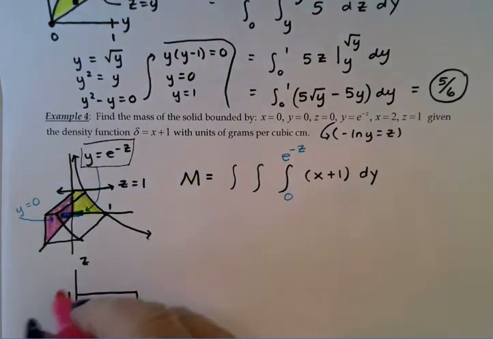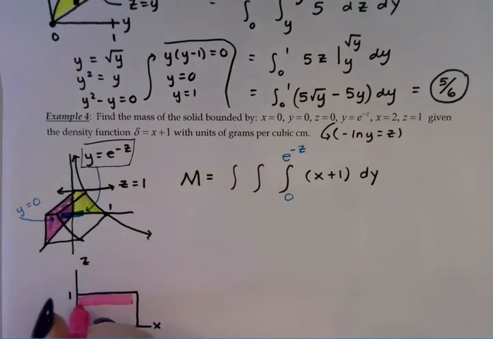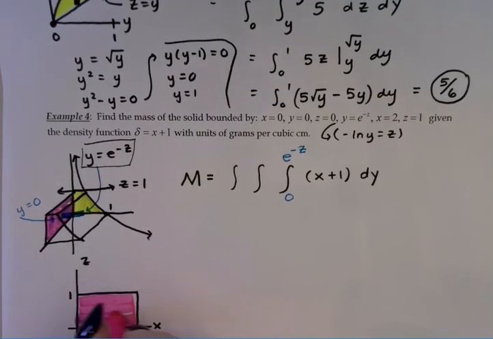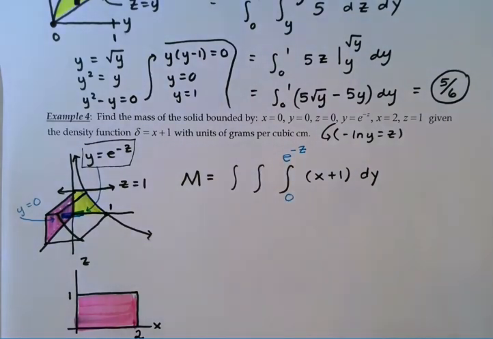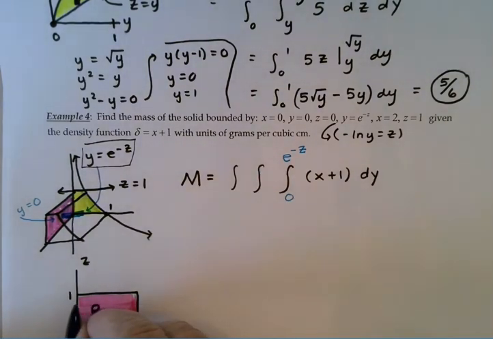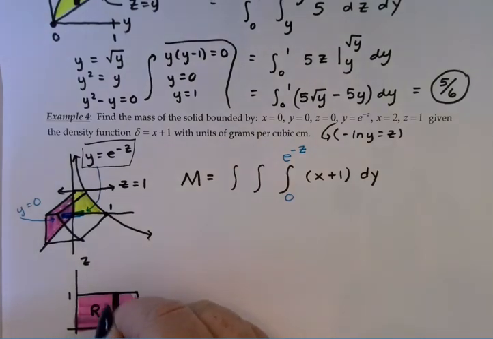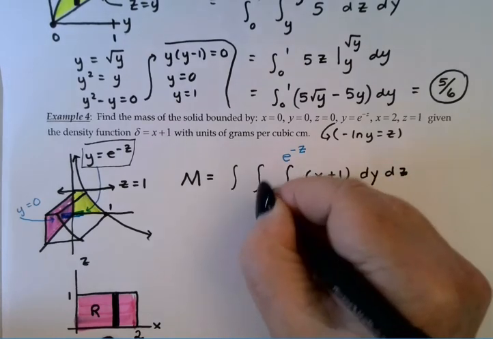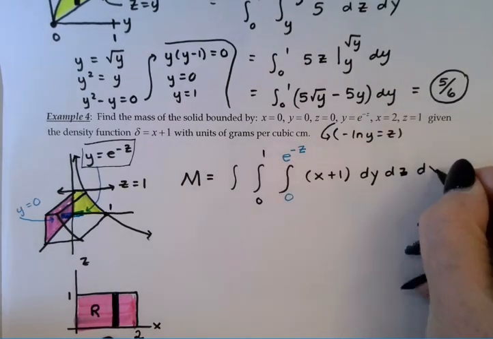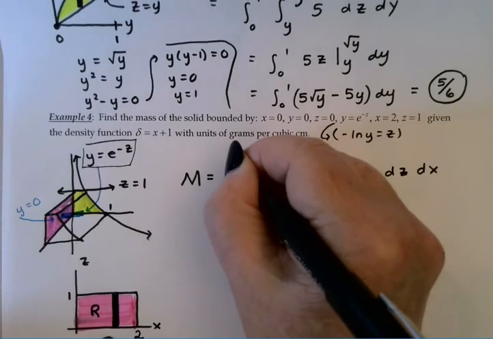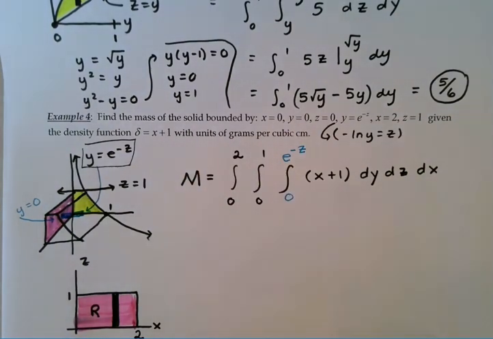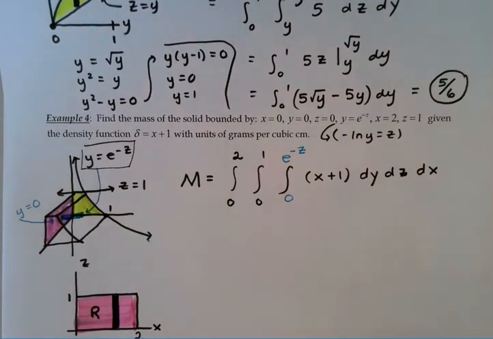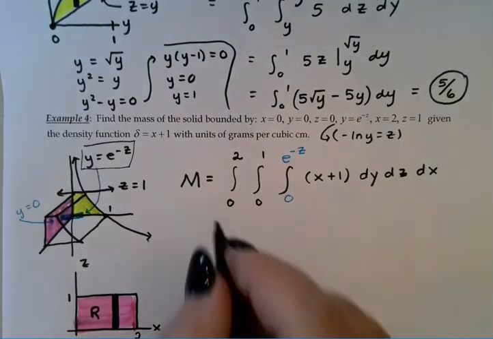And there's the region R. If I decide to go with vertical rectangles again, then I'm doing dz next from 0 to 1, and I'm doing dx last from 0 to 2. Again, there's more than one way you could have set this up. Just choosing to do the dy first this time.